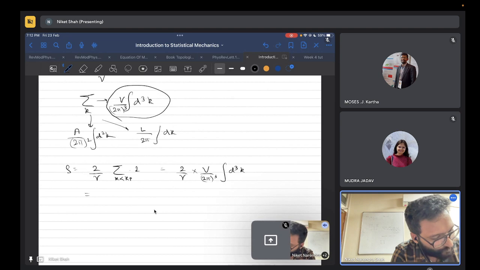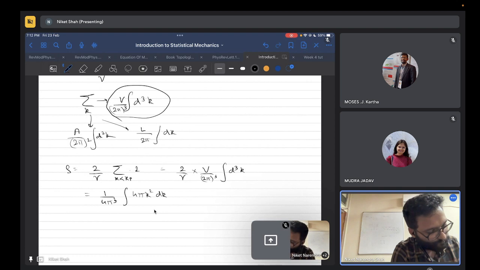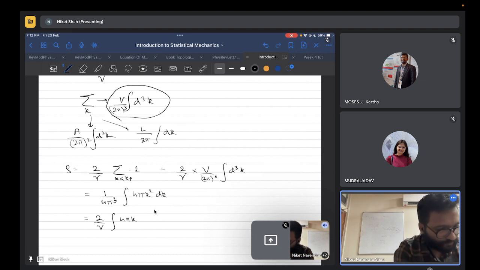It can be simply 1 upon 2 pi cube, into 4 pi k square dk. So 2 by V into 4 pi k, the integral is done, k cube divided by 3, from 0 to kf.